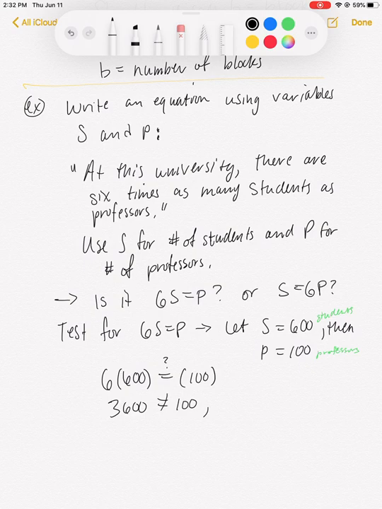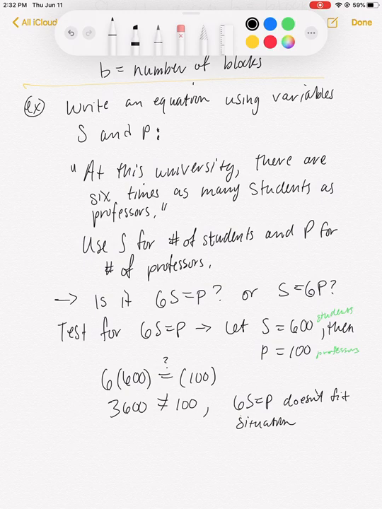Because that's true, 6s equals p doesn't fit the situation. Okay, and it's kind of confusing, because they say that there's 6 times as many students, so you would want to say 6s, right?